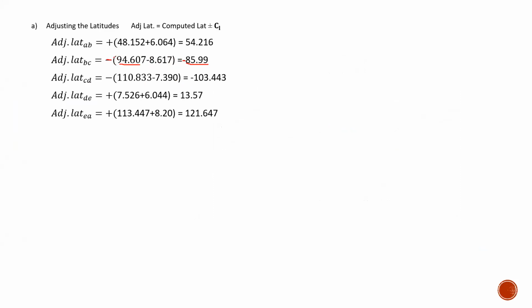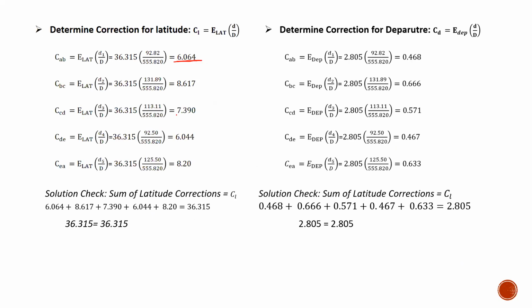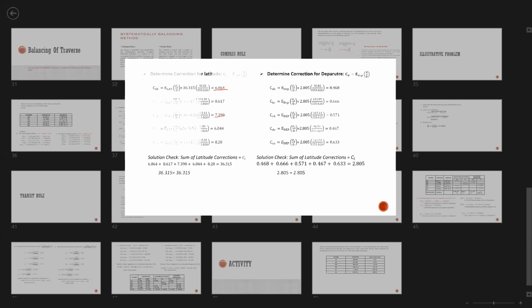So, ang gagawin nyo lang, mag-add siya, di ba? So, ang gawin nyo lang, hiwalayin nyo muna yung dalawa. Tapos, magsusubtract tayo ng corresponding correction. Okay? Next, we have negative yung latitude natin, 110.833, minus yung correction natin sa line CD, that is 7.390.